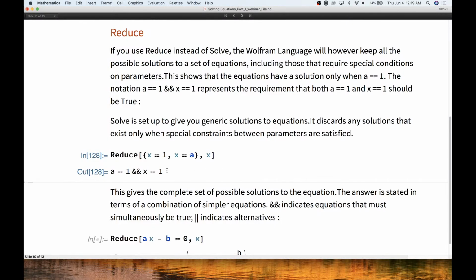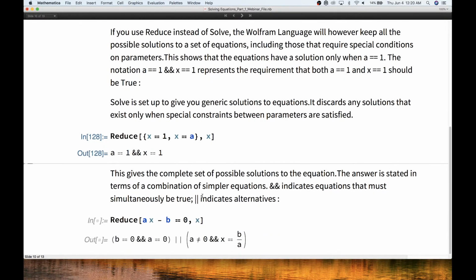The answer is stated in terms of a combination of simpler equations. So the double ampersand indicates equations that must simultaneously be true. So these both have to be true to get a solution. Whereas the double bar indicates alternatives.